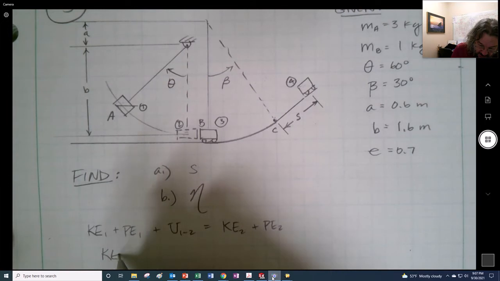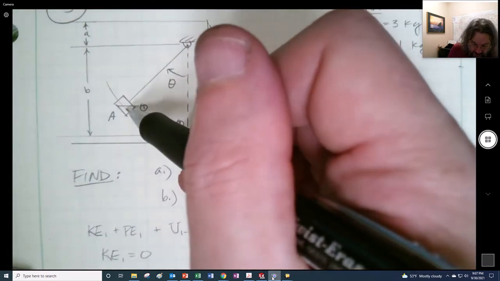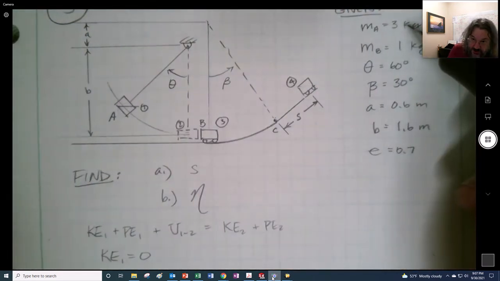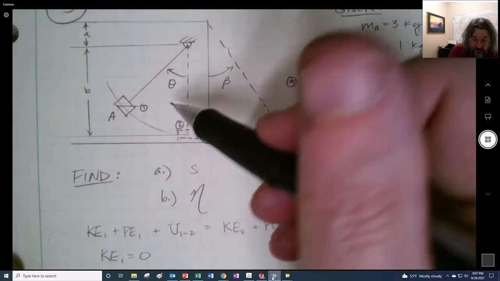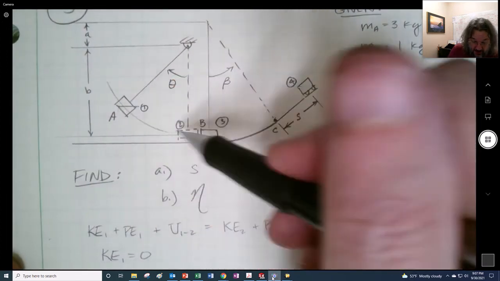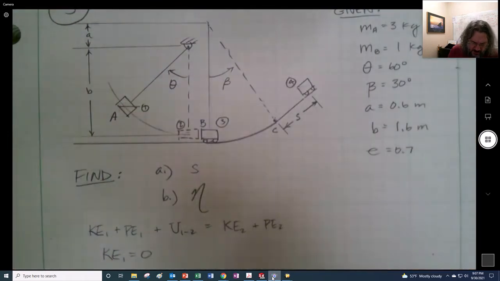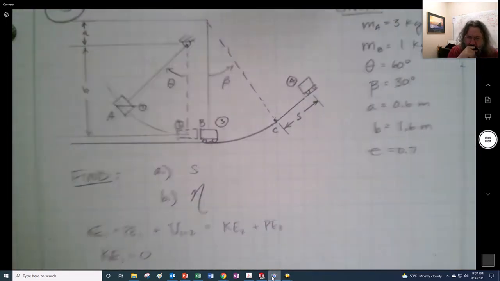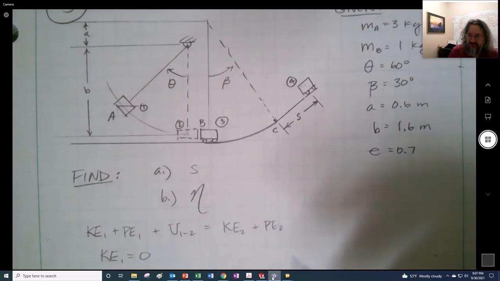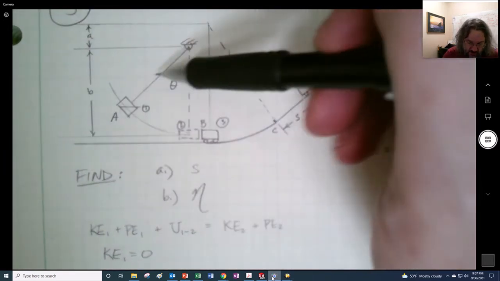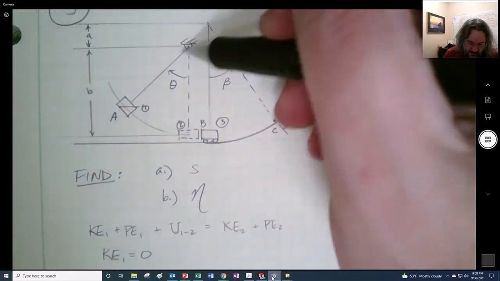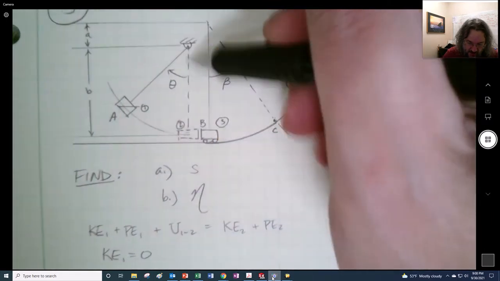My kinetic energy at the beginning is 0. My potential energy at the beginning is the mass of this block, 3 kilograms, times 9.81, times the distance it changes from here to there. That's one of those very common things where we take B and subtract B times the cosine of this angle.